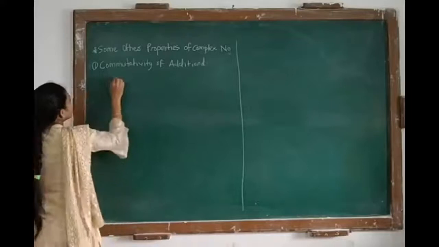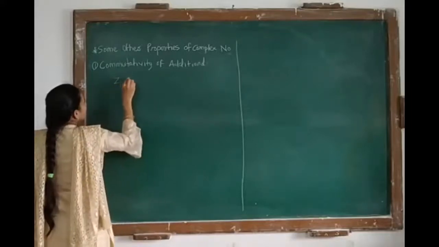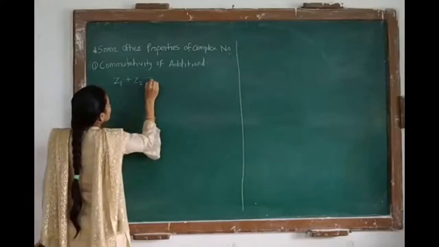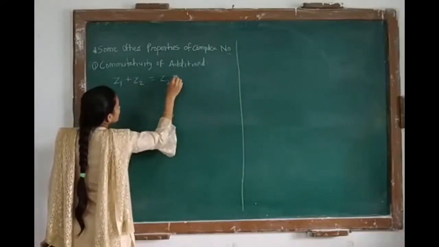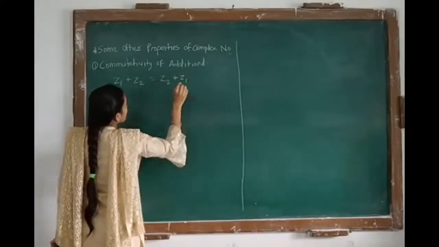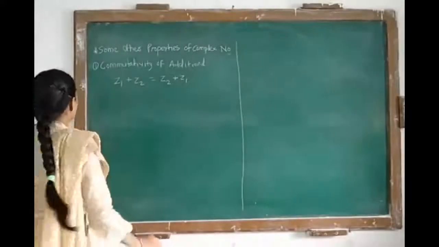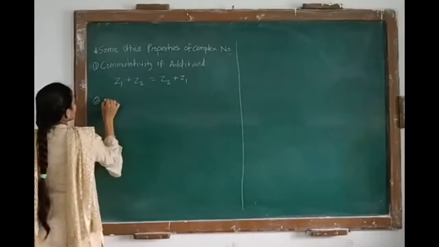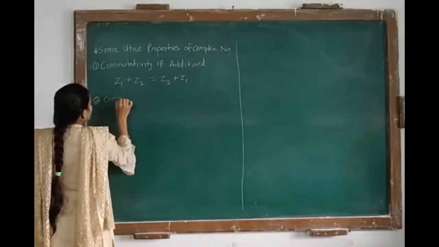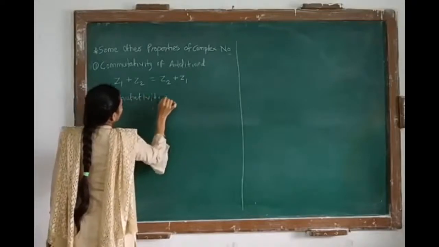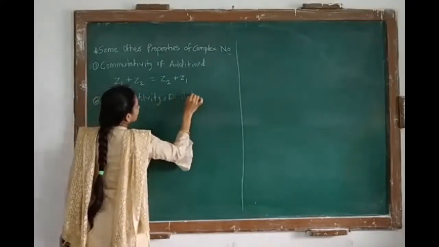So our complex numbers also follow this property. Let's say I am having complex numbers Z1 and Z2. Then addition of Z1 plus Z2 will be equal to addition of Z2 plus Z1. Means addition of 2 complex numbers is commutative. Second is commutativity of multiplication.